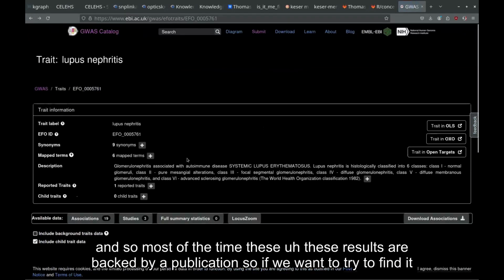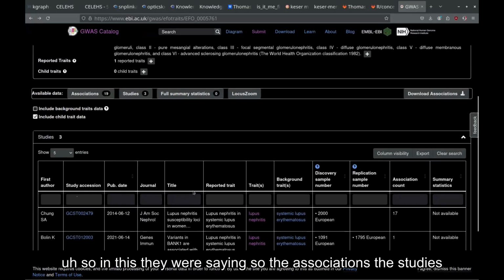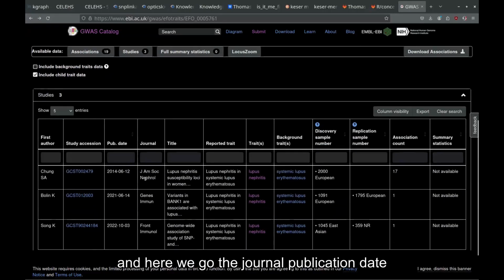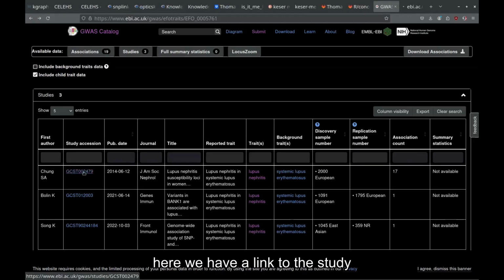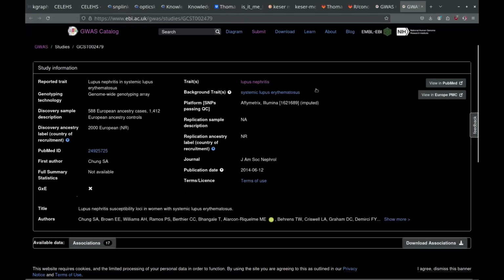So if we want to try to find it, here we have the associations, the studies, and here we go: the journal, publication date. Here we have a link to the study. We have the sample size, the platform of SNPs.